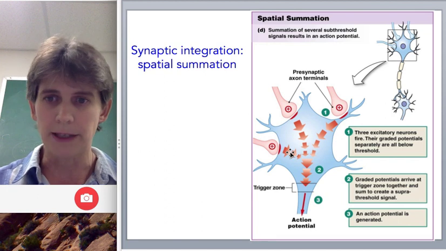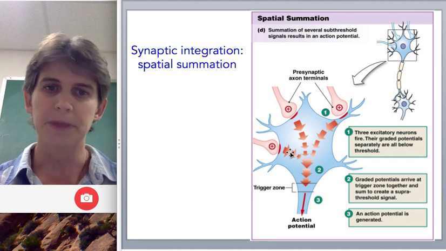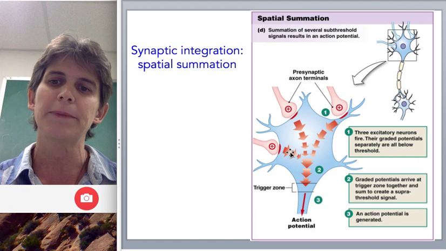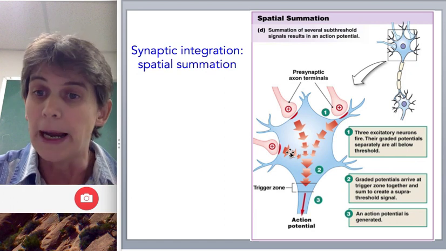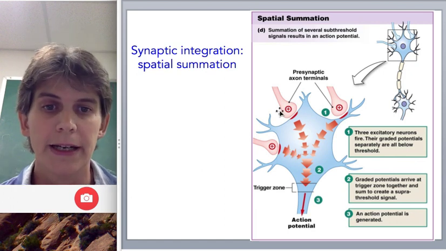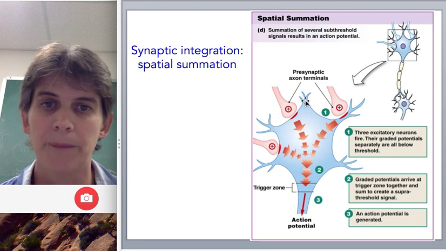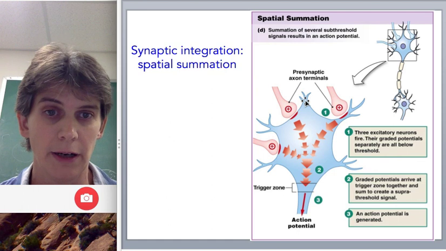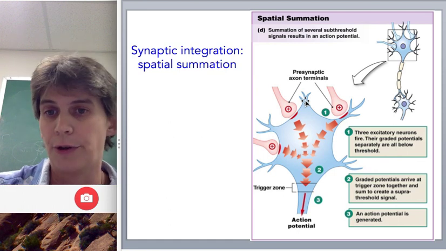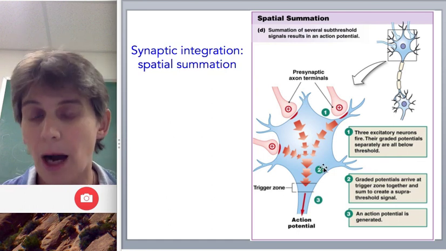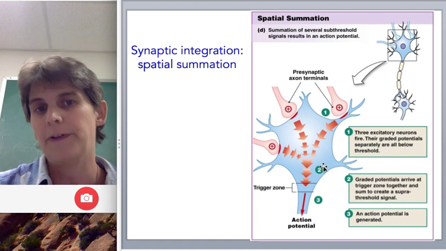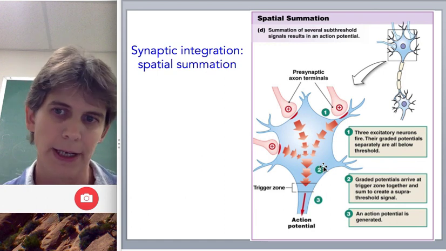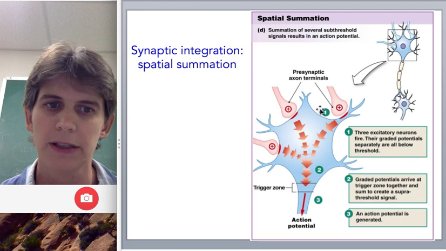Spatial summation means imagine that the postsynaptic cell was receiving a lot of inputs at the same time. Each individual one of these positive inputs, these EPSPs, is not strong enough to take the cell to threshold, but adding them up is enough. In the last one, we had 2 positives and 1 negative, 1 inhibitory. These are all excitatory.